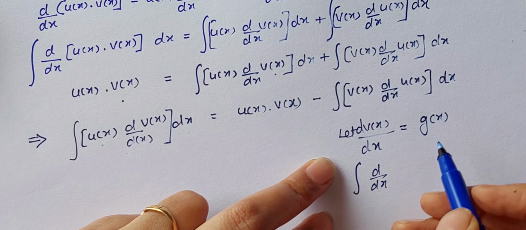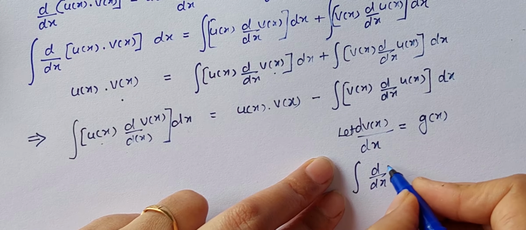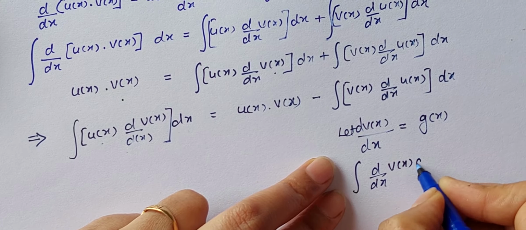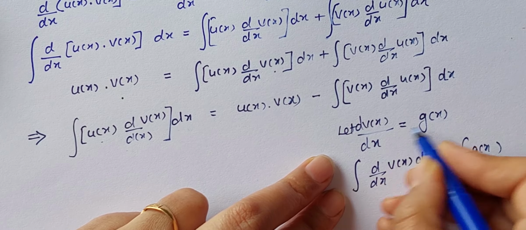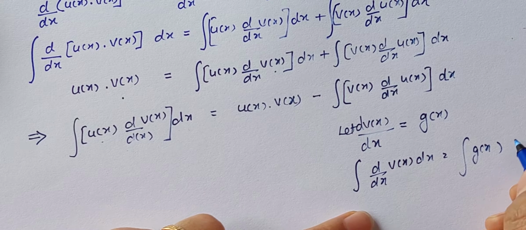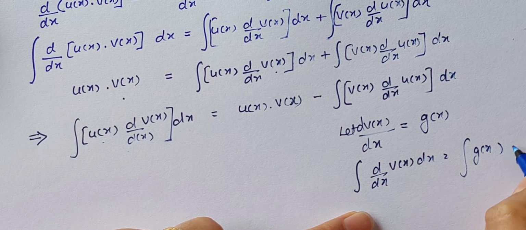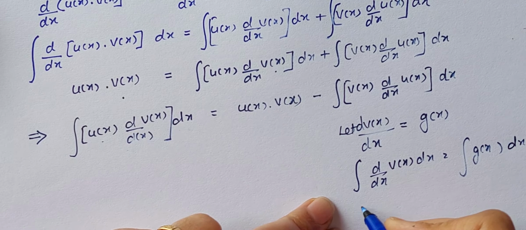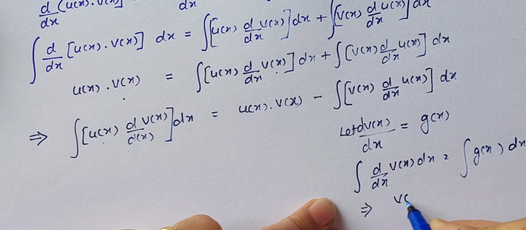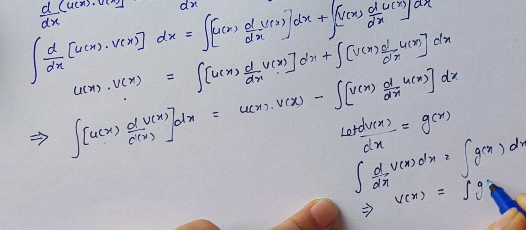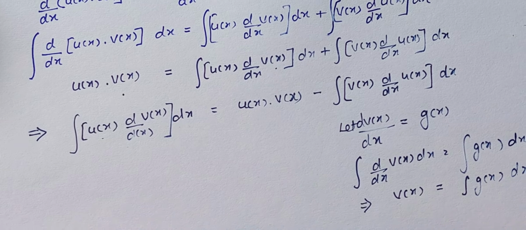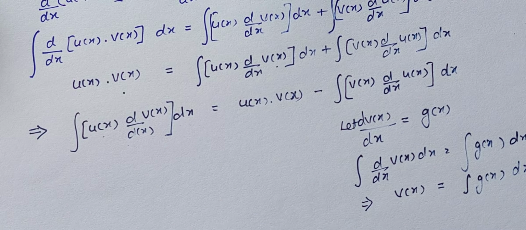Or if you want to proceed mathematically, we can take the integral of both sides, as these are two equivalent functions, so their integrals are going to be the same. Which implies this.